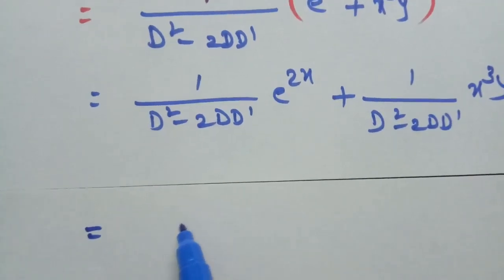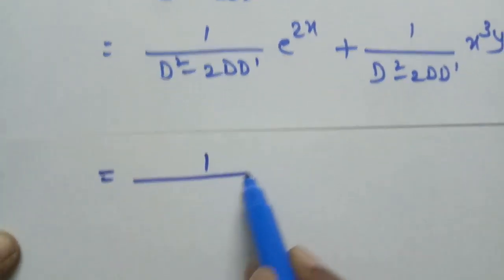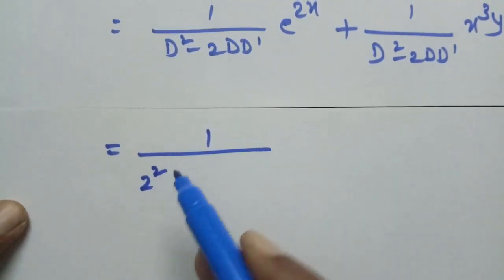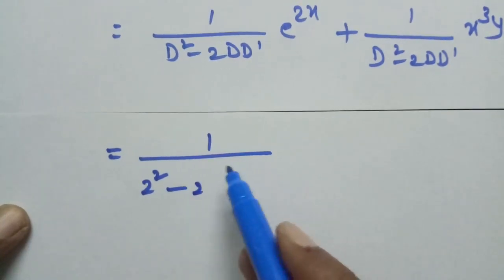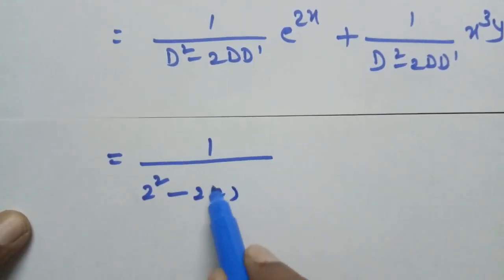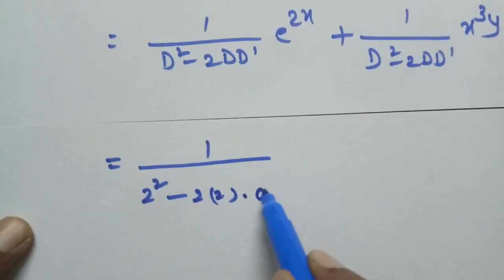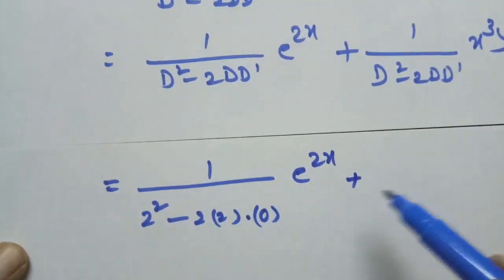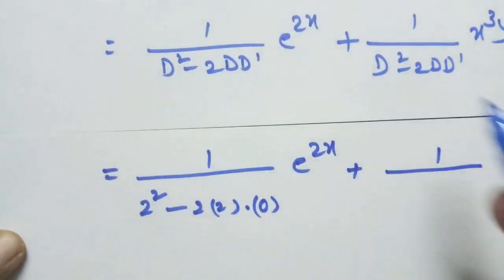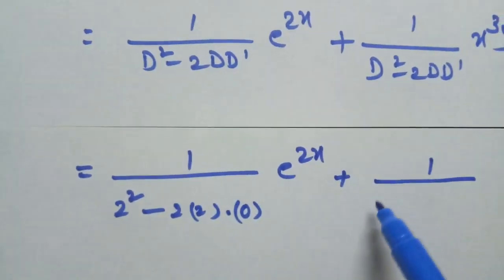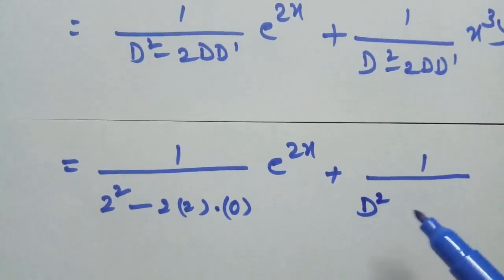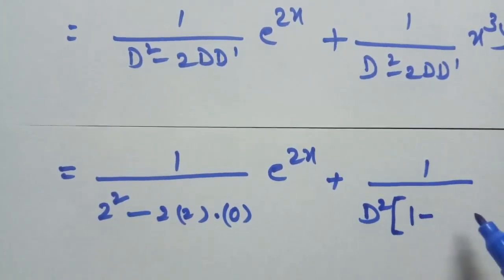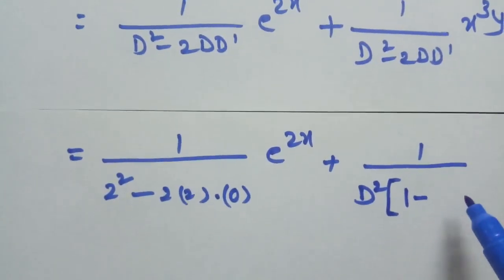This can be written as 1 by, put D is equal to 2, 2 square minus 2 into, put D equal to 2, into D dash is equal to 0, into e to the power of 2x, plus, here we are taking D square as a common factor to get D dash by D term.